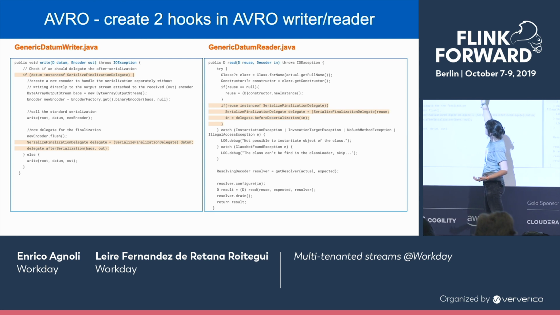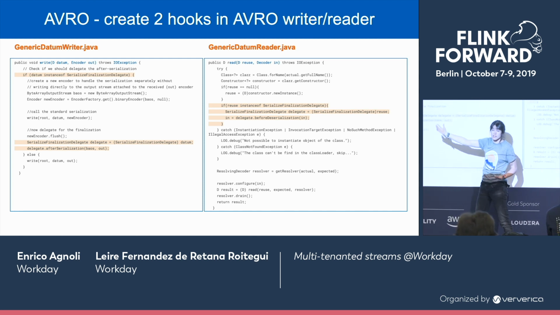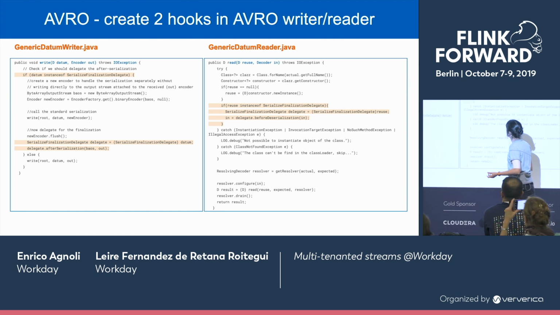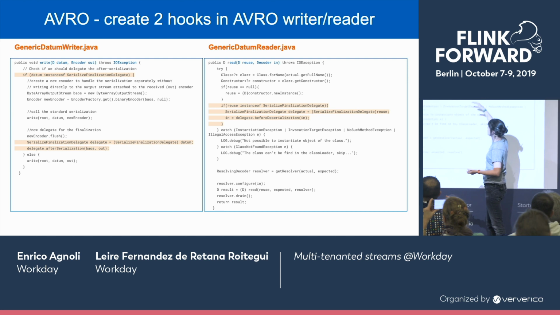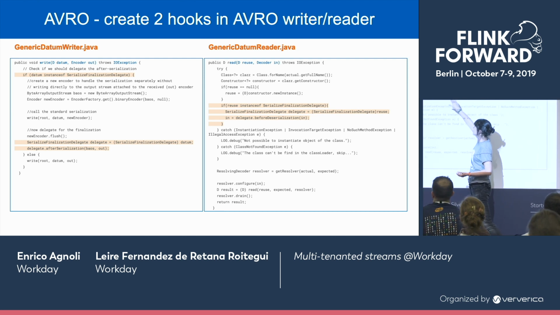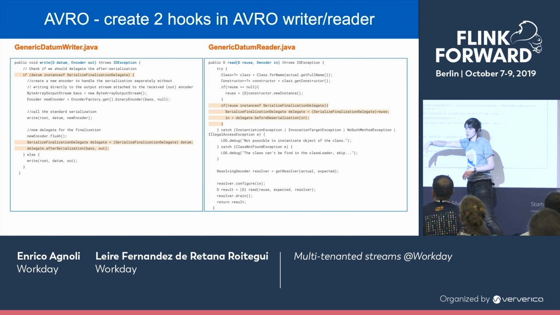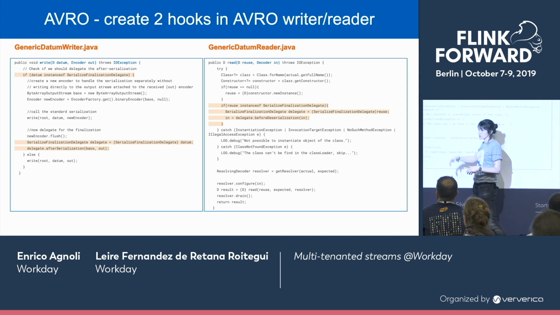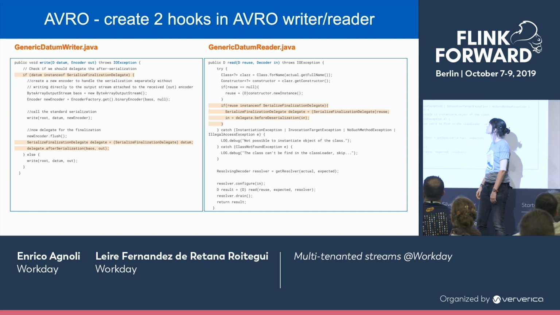It just sees if the message received is of that particular interface. If it is, then it literally just delegates it back so that it does whatever logic we want to put in there. And similarly, on the writer, it will first check it, delegate it back to do whatever is needed before deserialization, and then it will continue with the AVRO standard logic.